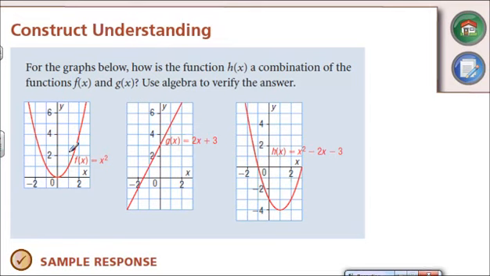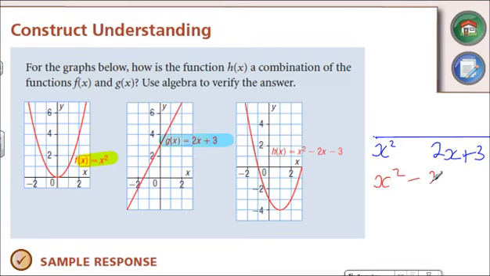So if we look at what we've got, an x squared. We've got a 2x plus 3. Let's write that down. We've got x squared. We've got 2x plus 3. And then we've also got this other one, which is x squared minus 2x minus 3. Ooh, those are looking pretty close here.